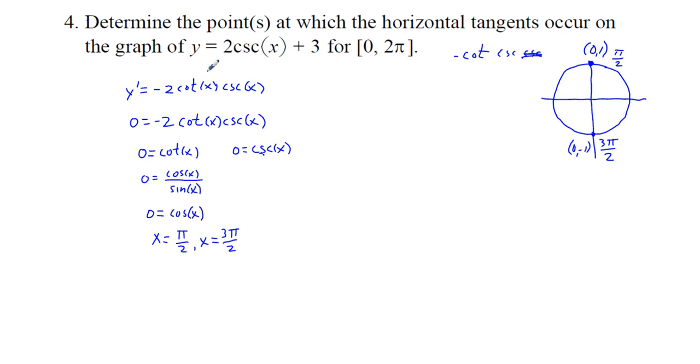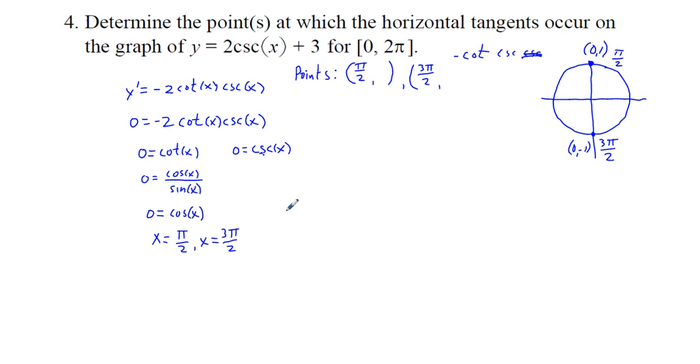And finally, it says determine the points. So we're going to have 2 points. We're going to find the totality of our coordinate pairs. So we have pi over 2 is our x-coordinate, comma, we don't know what's left here, and also 3 pi over 2, comma, we'll find that.